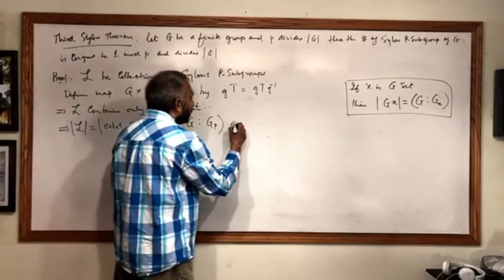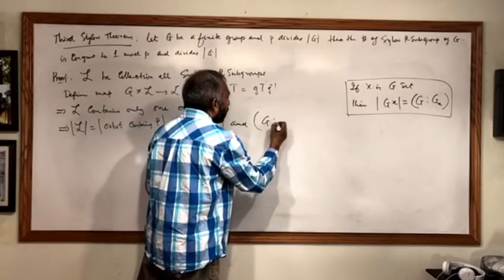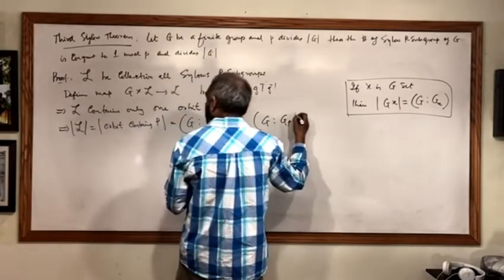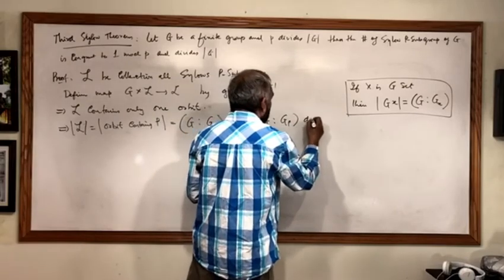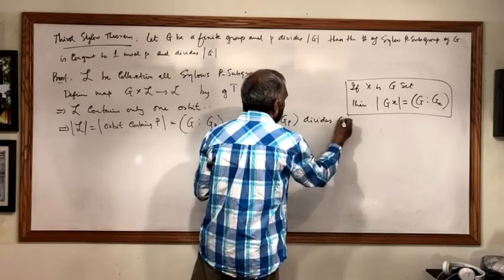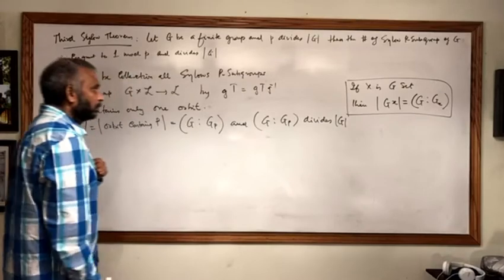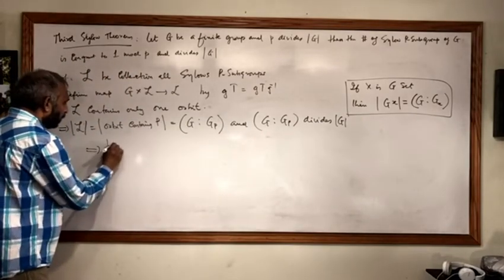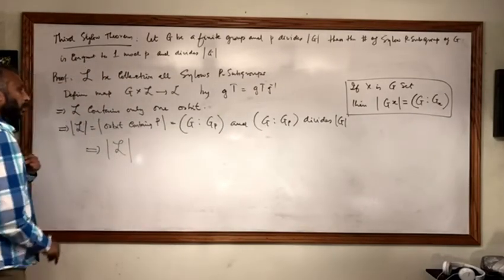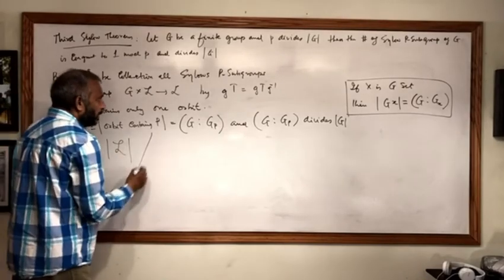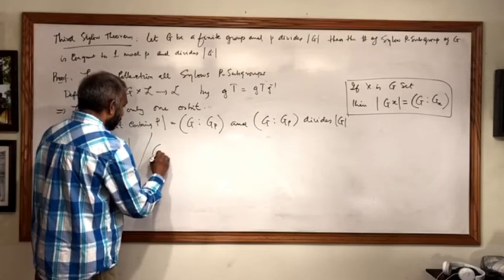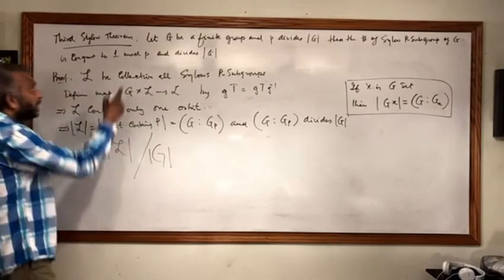And Gp divides G. And that implies the number of elements in L divides G. And that is the second step.